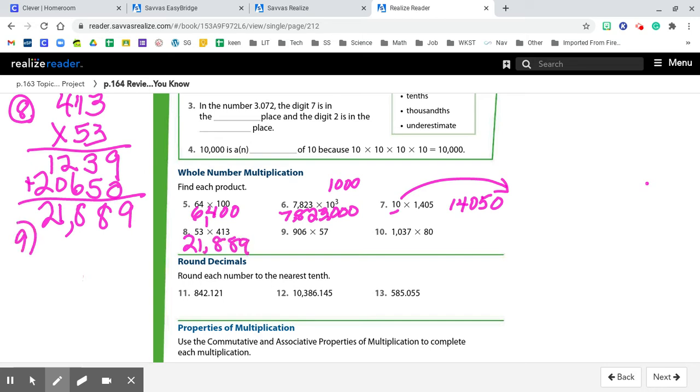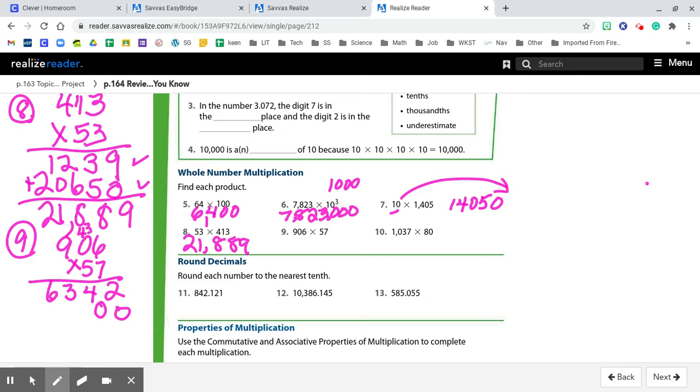For number 9, we have 906 times 57. 6 times 7 is 42. Carry the 4. 7 times 0 is 0 plus 4. 7 times 9, 63. And now that's the first partial product. Remember, these are called partial products. Now we're going to distribute the 5, which is actually a 50. 5 times 6 is 30.